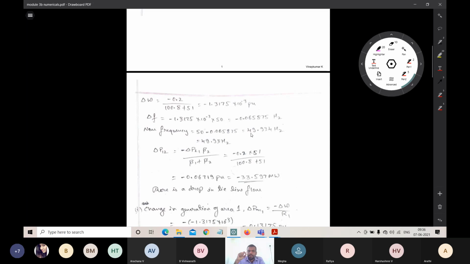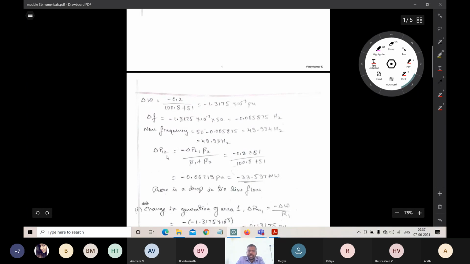Since the 100 megawatt load increased, the frequency decreased. This is the theory that you studied: whenever an increase in load takes place, there will be a decrease in frequency. Look here, from 50 hertz it has decreased to 49.93 hertz.